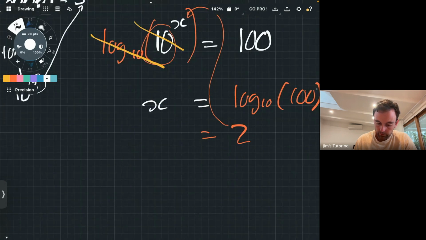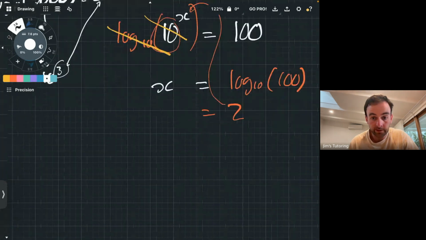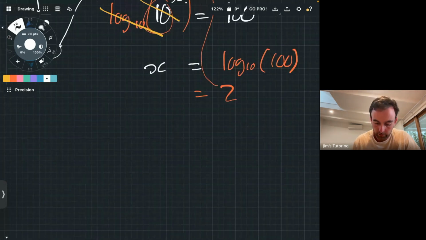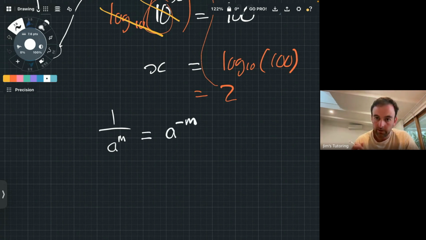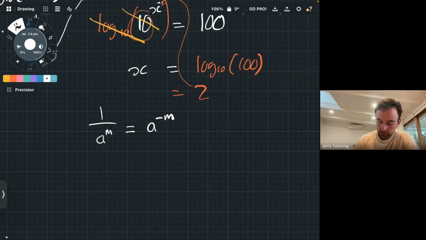A few useful index laws that can be helpful with logs. If we ever have 1 over a to the m, this will equal a to the negative m. A lot of people can do things like log 10 of 100, for example.